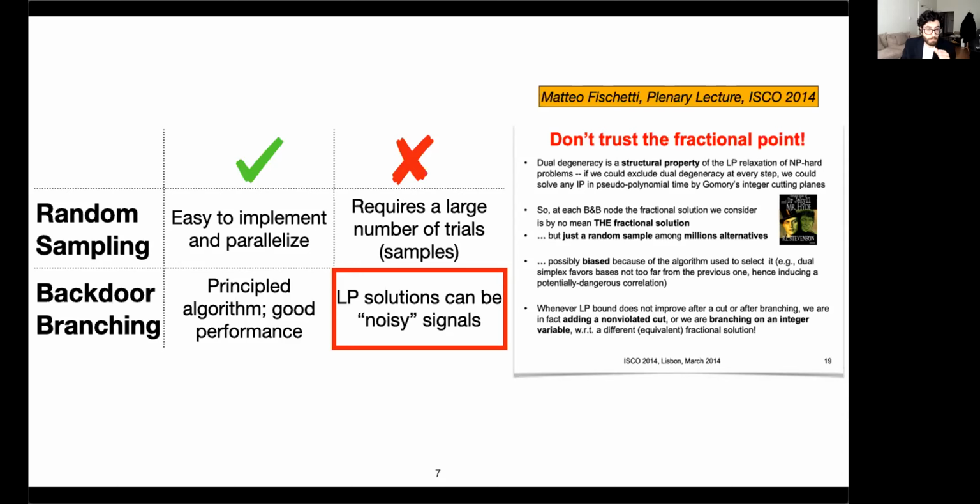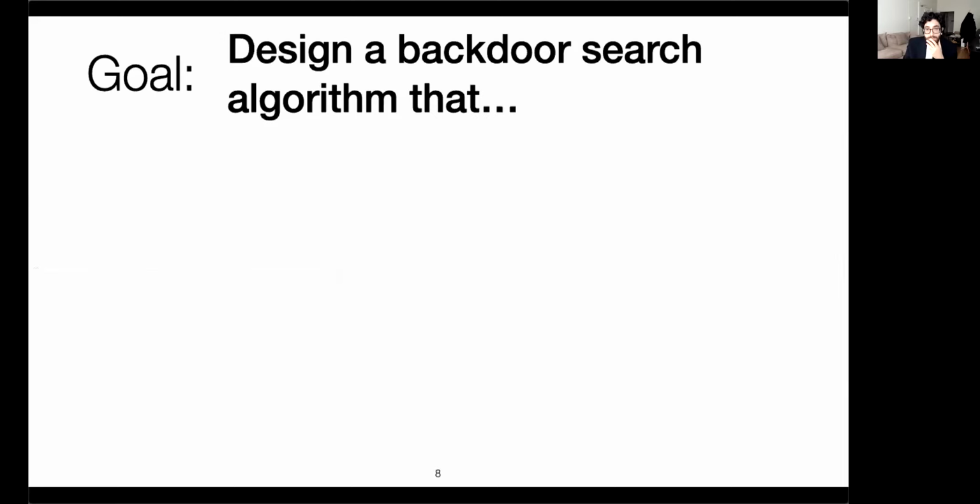The kinds of fractional points you encounter in a branch and bound depend on all kinds of things, and we know that from performance variability in MIP: you change the ordering of the rows and columns, that affects your bases and that affects your optimal LP. And then if you have degeneracy, you might encounter very different trees than you would with another random seed. And so having an algorithm that searches for backdoors based on LP solutions, which may be noisy, might not be the most desirable thing.